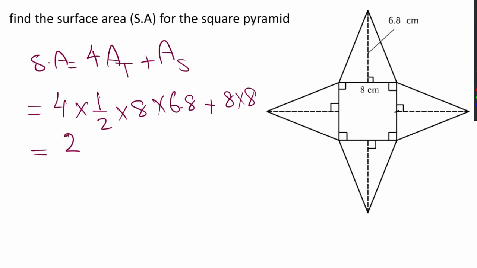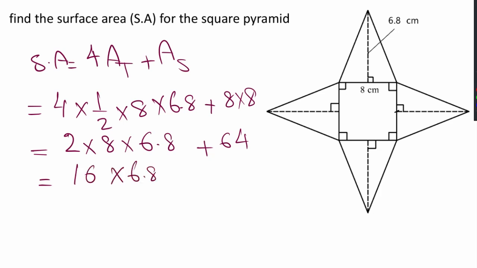Half of 4 is 2. 2 times 8 times 6.8 plus 64 equal 2 times 8 is 16. 16 times 6.8 plus 64.